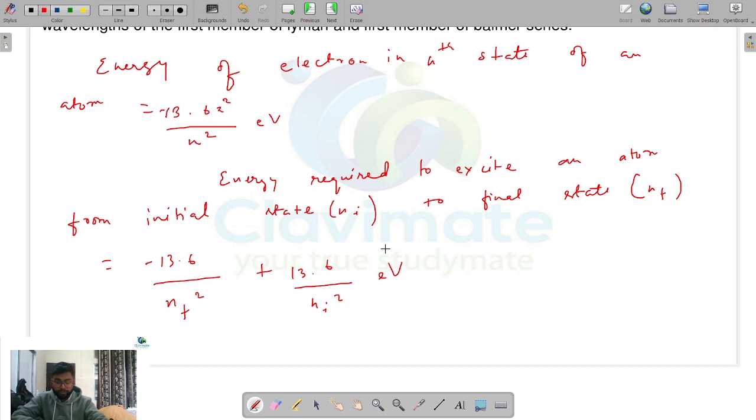Now this energy must be equal to or less than the energy of the incident electron beam.